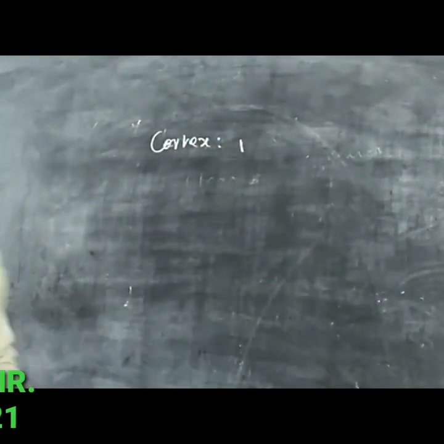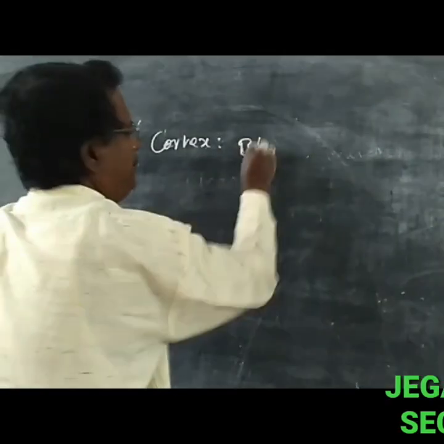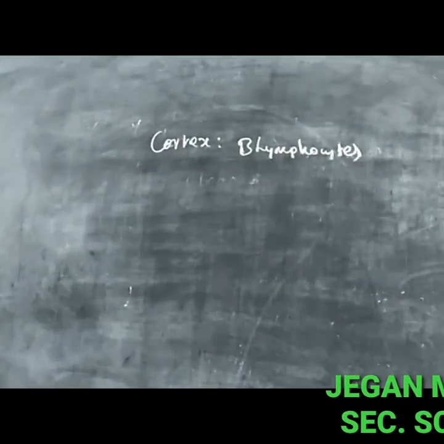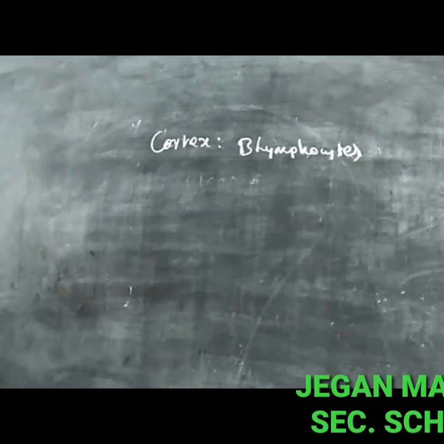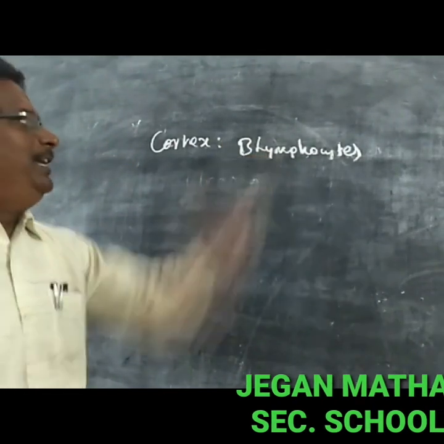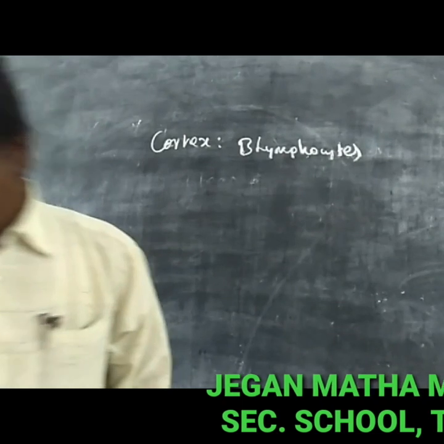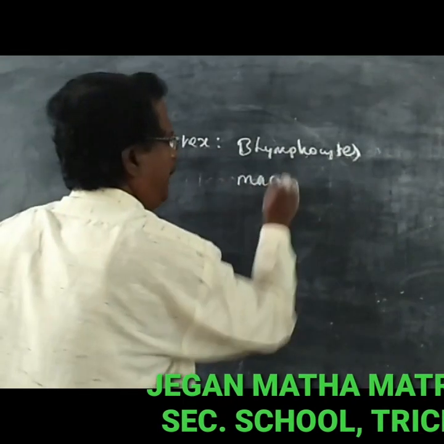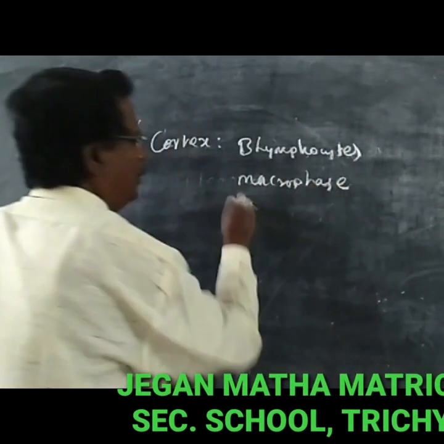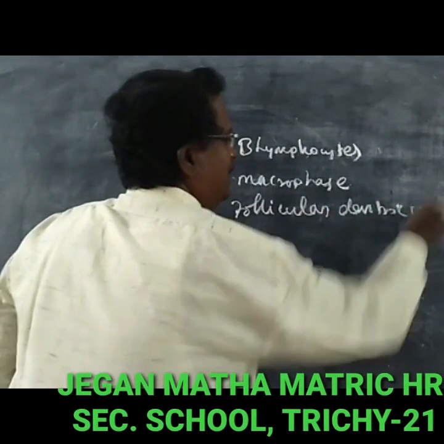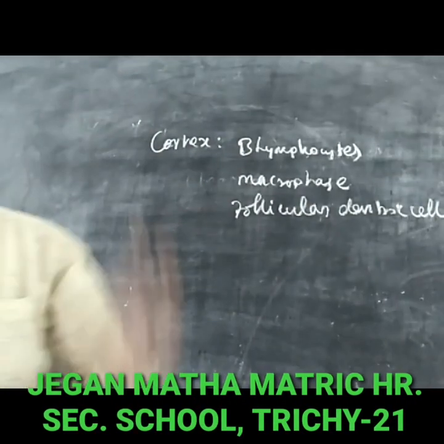The cortex consists of B lymphocytes, macrophages, and follicular dendritic cells.